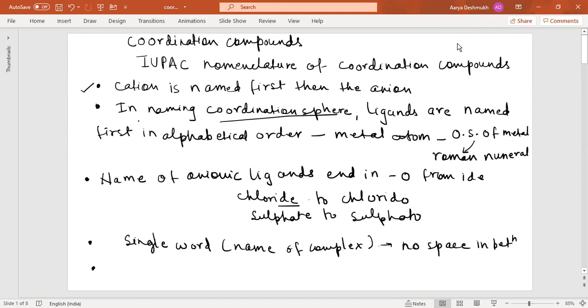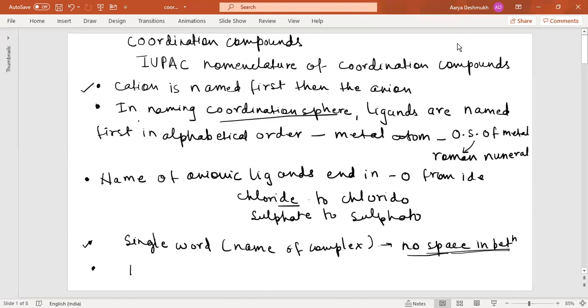Ultimately, what does it mean? The part inside the coordination sphere should have no space. Whatever is outside the coordination sphere, you can put a space. We will see examples based on this also.